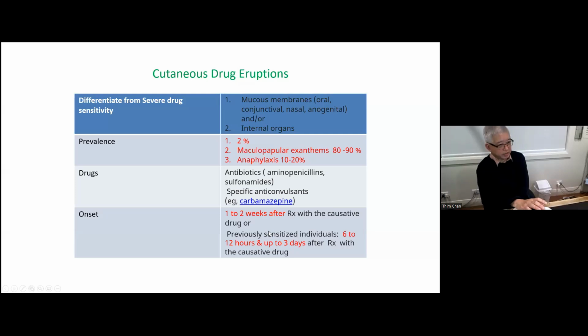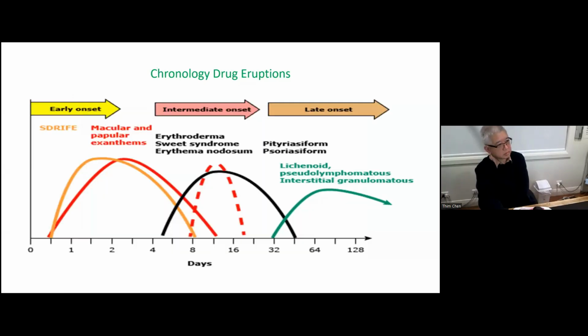If you have never had it before, then it takes about 1 to 2 weeks before the rashes come on. But if you have been sensitized, the duration is shorter, so 6 to 12 hours. Okay, so with this early onset, there's macular papular exanthems in red.